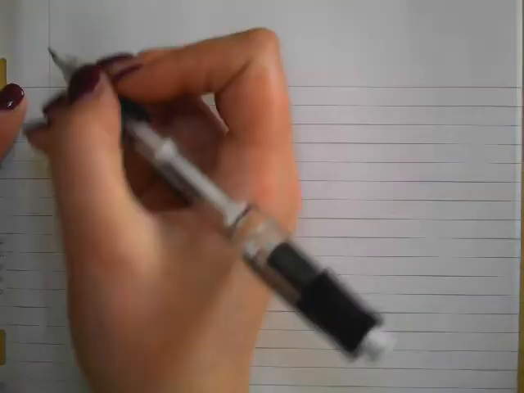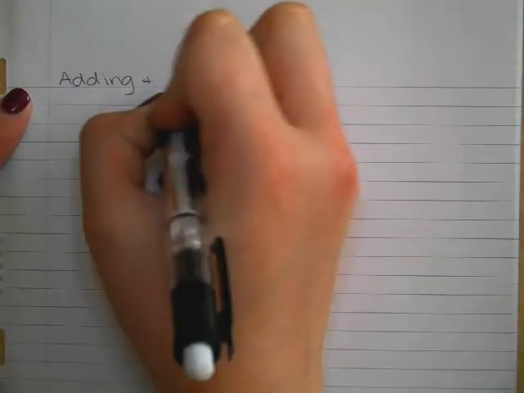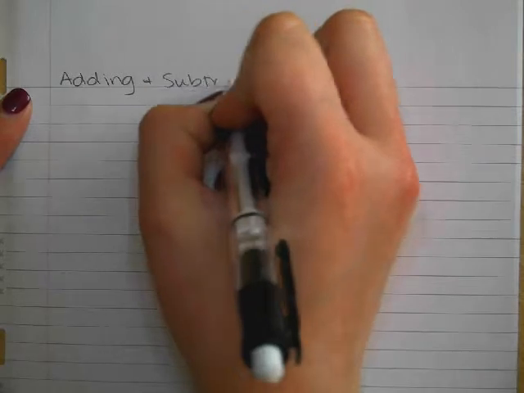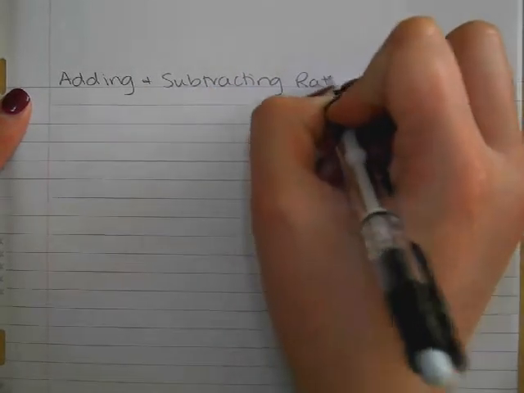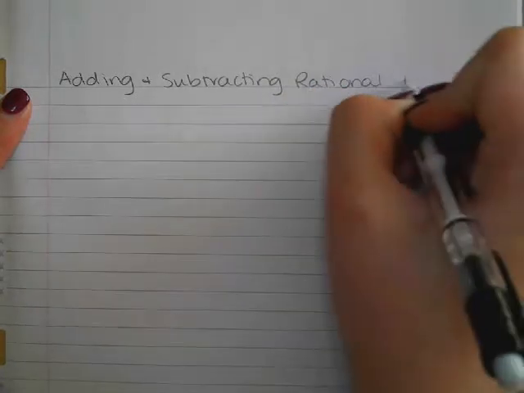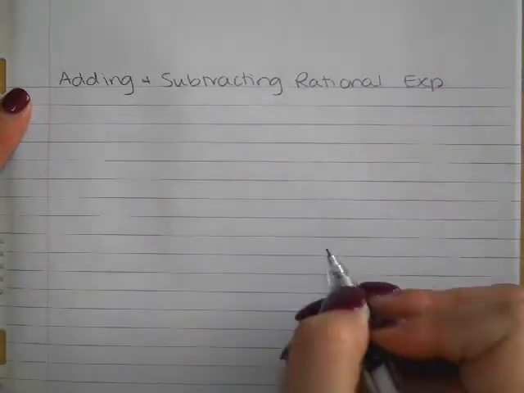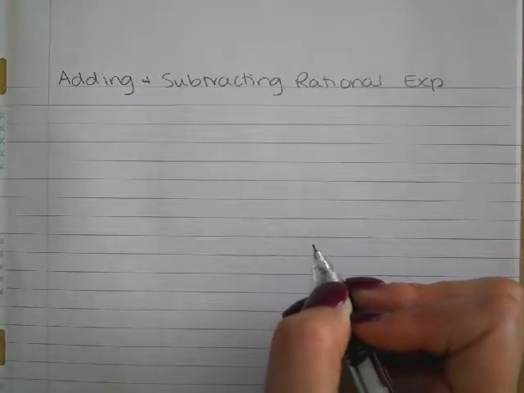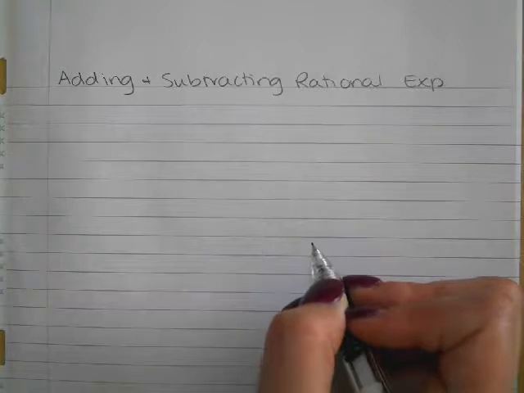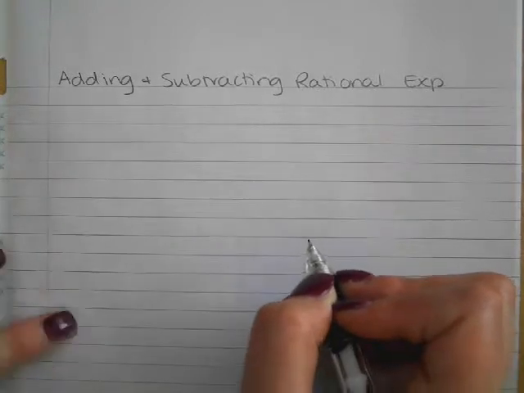All right, so these notes are on adding and subtracting rational expressions. And before we go too deep into that, we're going to remember how to add and subtract fractions first, because when you're adding and subtracting rational expressions, that's basically what you're doing.